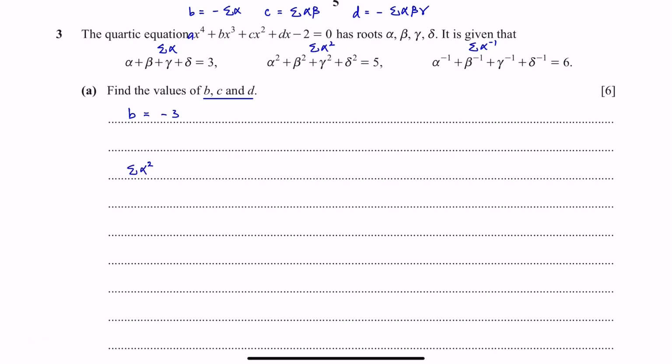The sum of the root square is equal to the square of the sum of roots minus 2 sum of alpha and beta. So this is 5 equals to 3 squared minus 2c. 2c is equal to 4, c is 2.